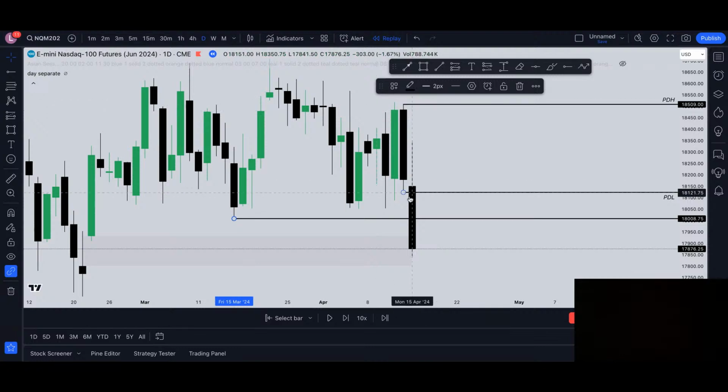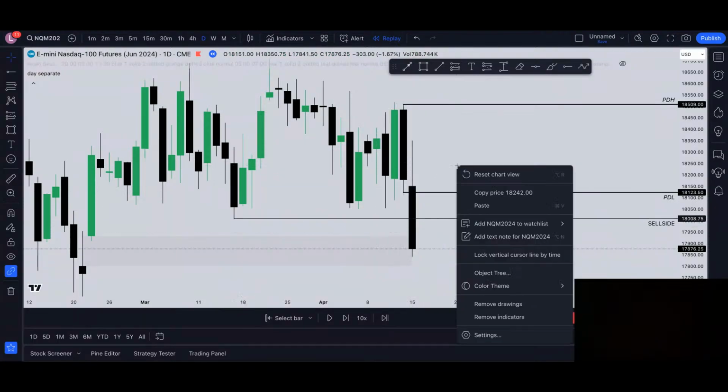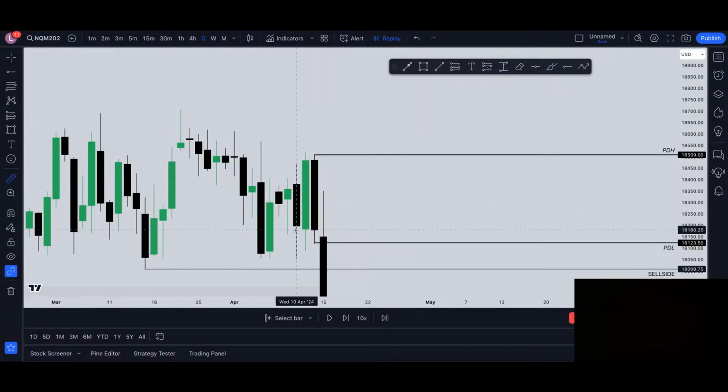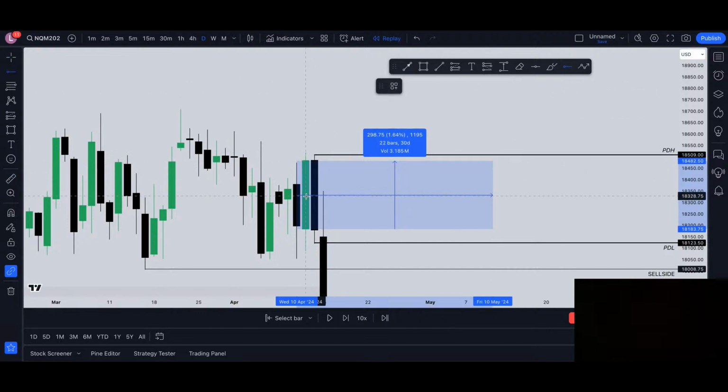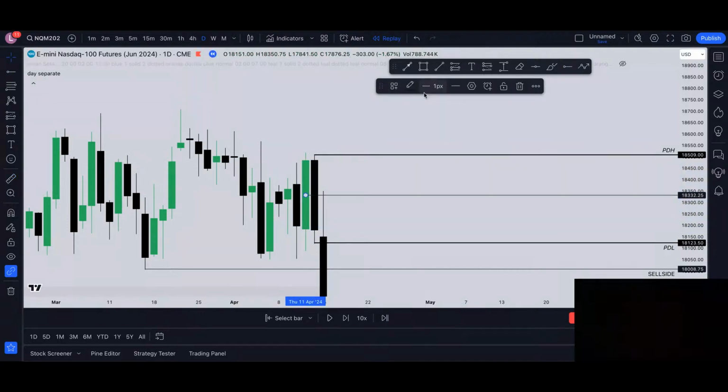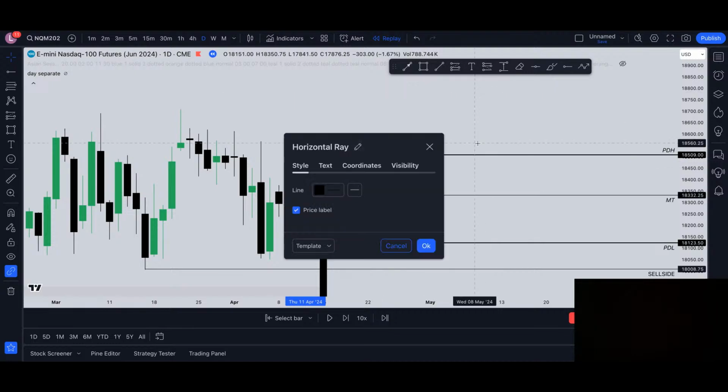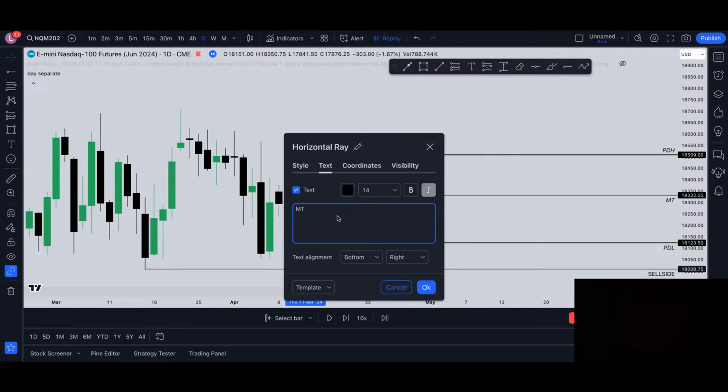Major sell side and mean threshold of daily order block. That's how I mark my charts.